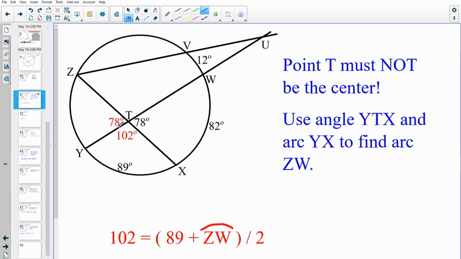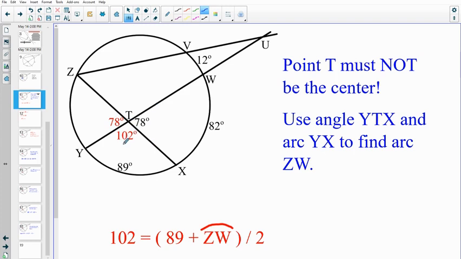Next thing I noticed is that because this 102 angle doesn't match up with this arc, that means point T must not be on the center. And that's okay, that just means we won't be able to use central angles. So instead, I'm going to notice that since I've got this angle here with this 102, that is an angle formed by a set of chords intersecting inside of the circle.